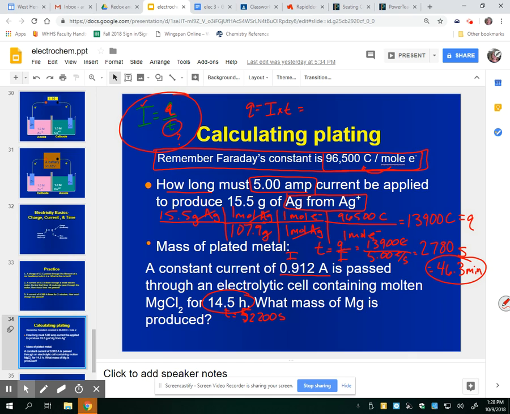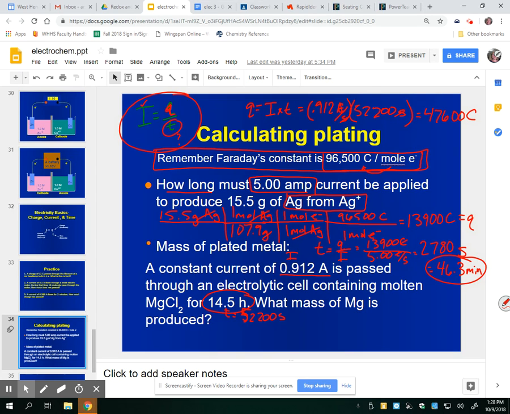So that's going to be 0.912 amps times my 52,200 seconds. And remember, an amp is a coulomb per second. So now my seconds are going to cancel out. And my coulombs will be 0.912 times 52,200, which is 47,600 coulombs to give me those 3 sig figs.